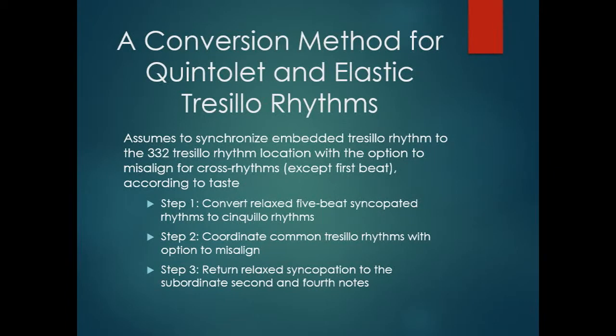My method is, step one, to convert the relaxed 5-beat syncopated rhythms to synkio rhythms. The second step is to coordinate common tercio rhythms, and the last step is to return the relaxed syncopation to the second and fourth notes, or to relax the syncopation of those notes.